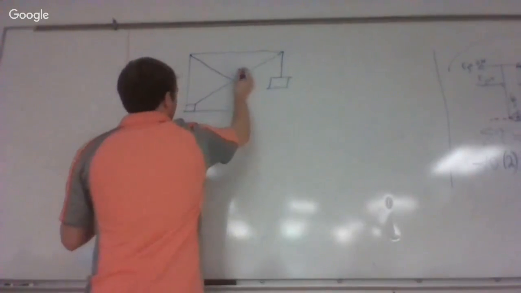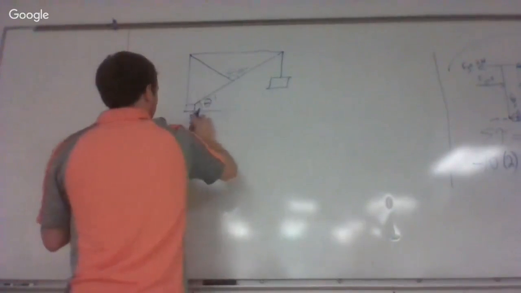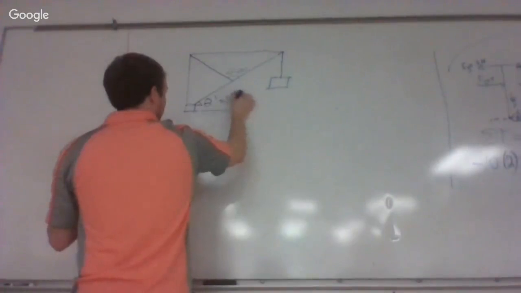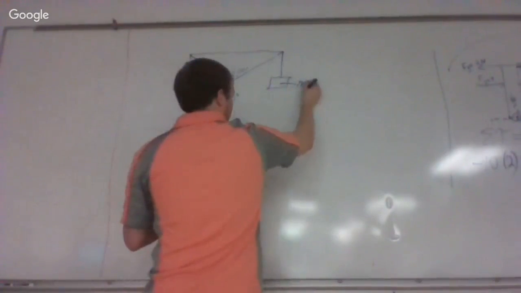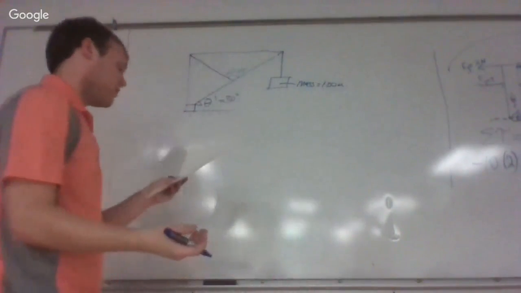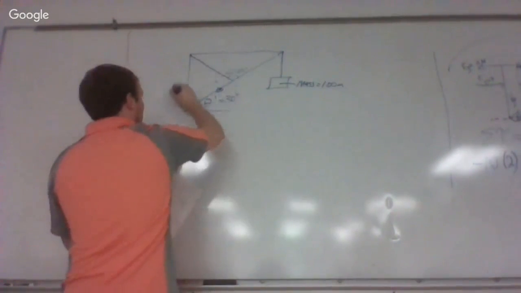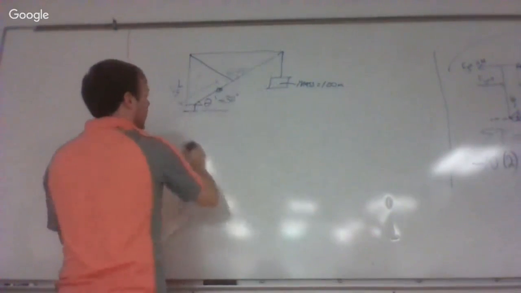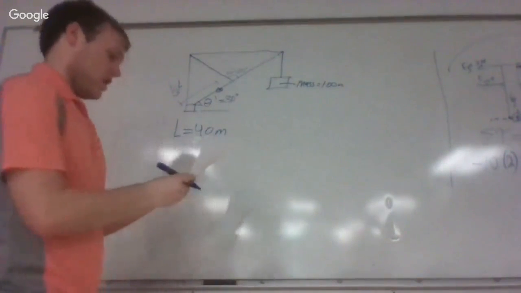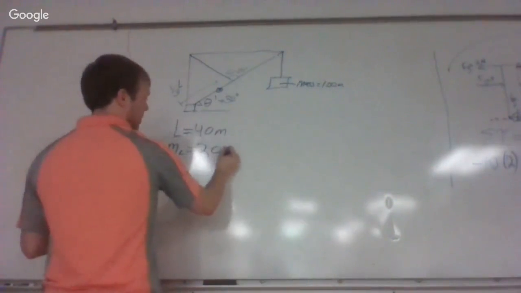This theta is 110 degrees, and this theta prime we're going to say is 30 degrees. The crane is holding up 100 kilograms. The center of mass of the crane is about right here, which is 1/3 the length of the entire L, where L is the length of the crane, and L equals 40 meters. And the last thing, the mass of the crane itself is equal to 200 kilograms.